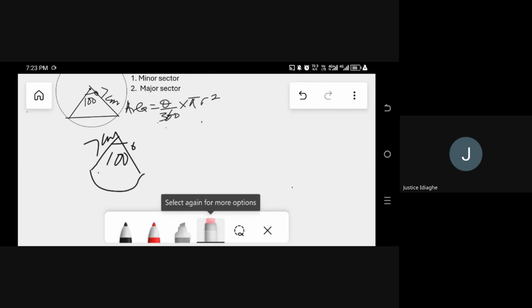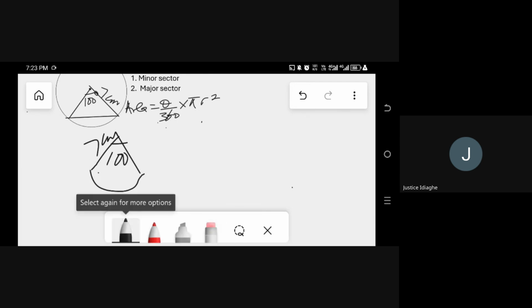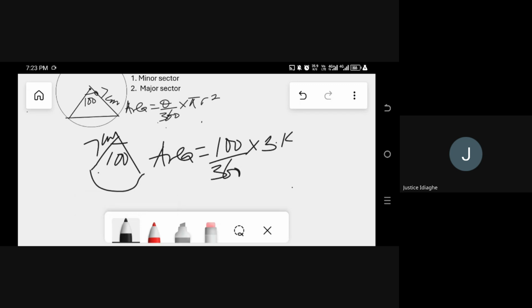Now, next is to substitute these values into what we have here. So area of minor sector, the area is theta, which is 100 over 360 times pi. Pi is 3.142 times radius squared. The radius is 7, so 7 times 7, that's 49.